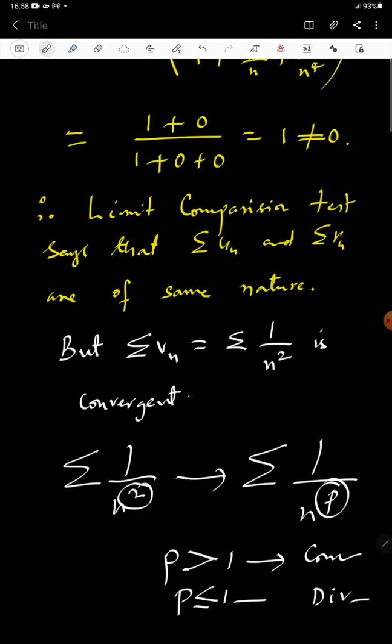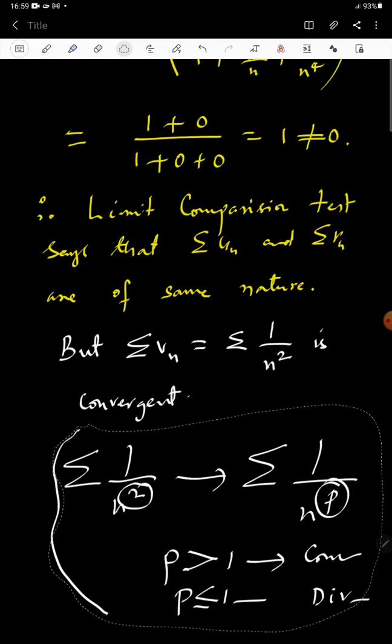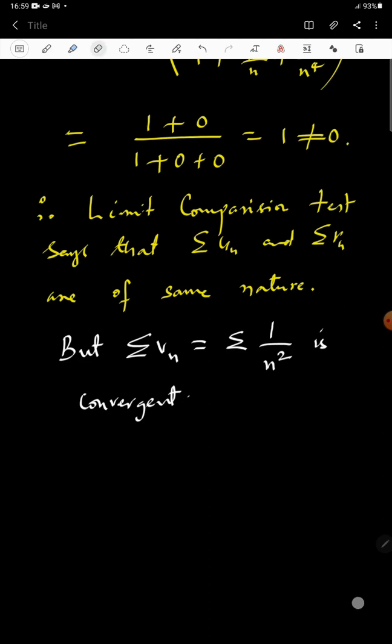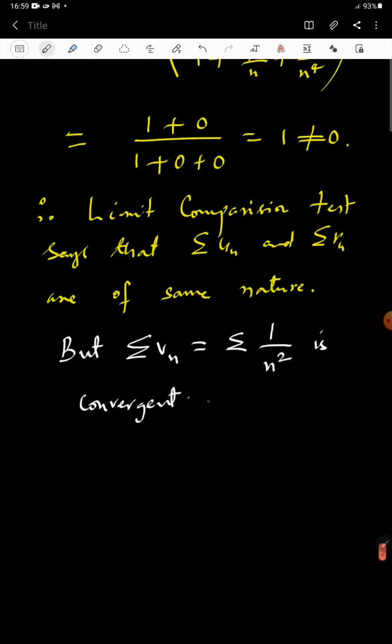And hence we have come to the conclusion that sigma vn is convergent.